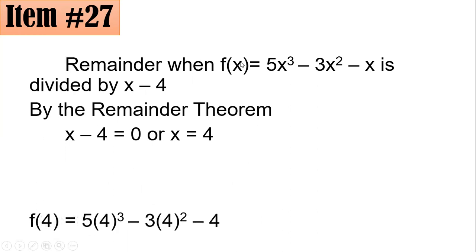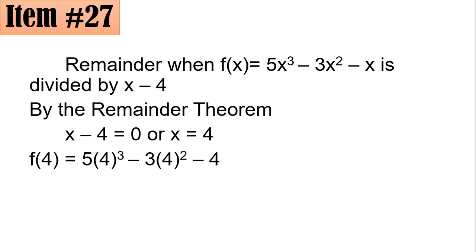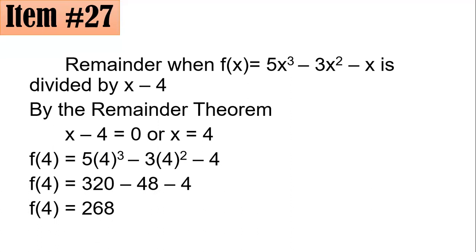That becomes f of 4 equals 5 times 4 cubed minus 3 times 4 squared minus 4. The first one here simplifies to 320. 3 times 4 squared, that's 3 times 16 or 48, and minus 4. And this simplifies to 268. It should be letter D in this case.